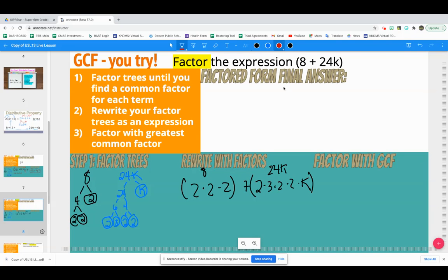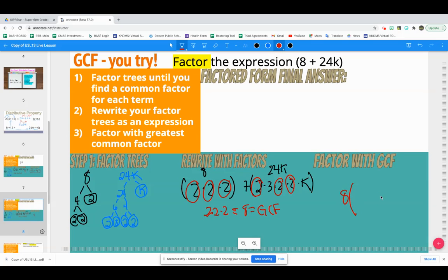Now I want to circle what they have in common. Okay, well, I see one 2 here, one 2 here, another 2 here, another 2 here, another 2 here, another 2 here. So they both share three 2's. So when I go to find my greatest common factor, I do 2 times 2 times 2, which equals 8. There is my greatest common factor. 8's going to stay outside my parentheses. Remember that.